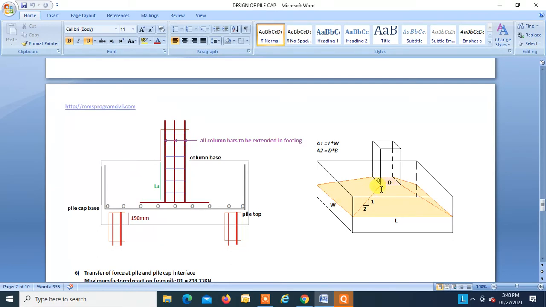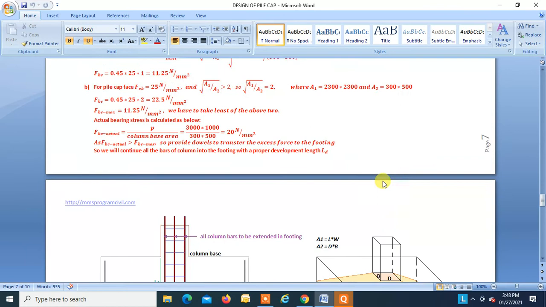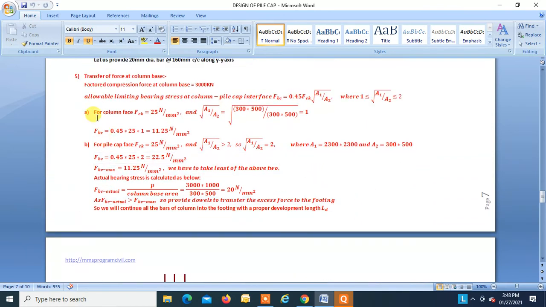So first taking the first case, the maximum bearing stress that the column can take before failure: for the column face fck is 25, that is given to us, and under root A1 by A2 will be taken with A1 and A2 the same.